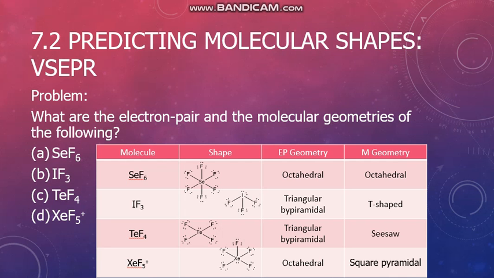Please take note that in these two, even though I drew them like this, they are not really the correct Lewis structures, since this one must be T-shaped, and this one should be seesaw. We cannot see here that this is T-shaped.